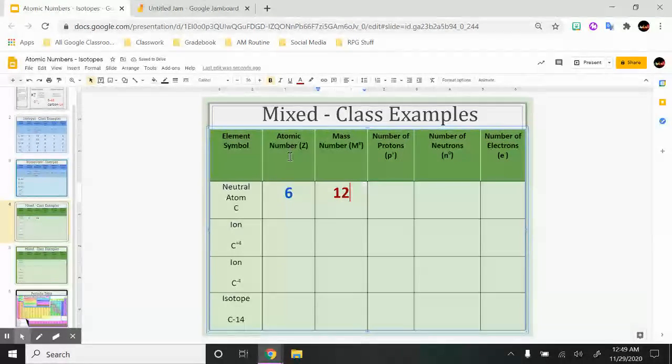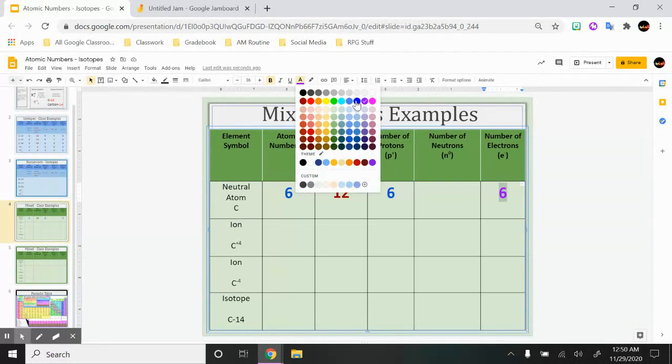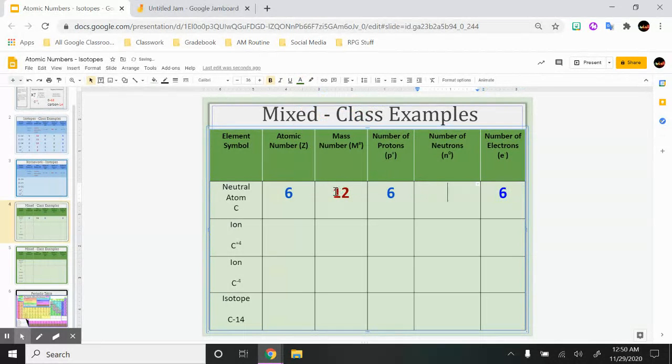Now the protons are going to equal the atomic number no matter what. And here we have the neutral atom, so the electrons are also going to be equal. To get our number of neutrons, we're going to do mass minus protons equals neutrons. Mass minus protons equals 6 neutrons.